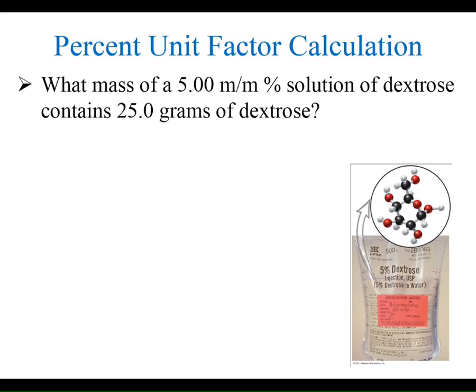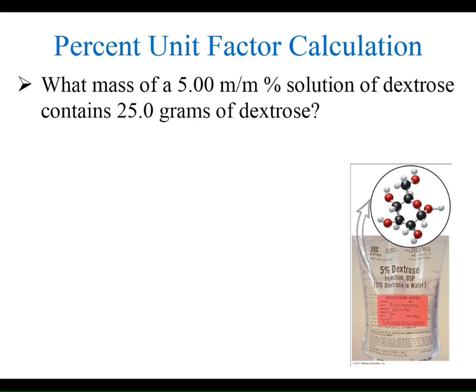What mass of a 5.00 m% (by mass) solution of dextrose contains 25.0 grams of dextrose? So here's a little IV bag, picture it out of the hospital. Basically they're saying you have a 5% IV bag here. Your patient needs 25 grams of dextrose.